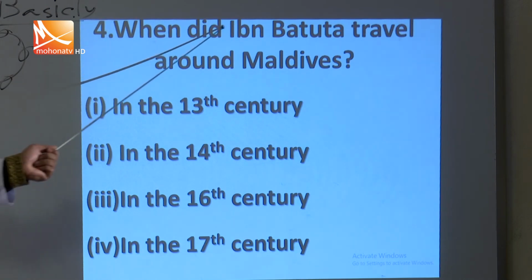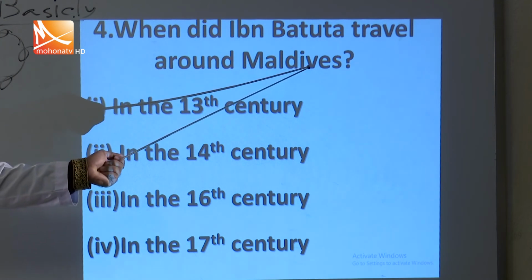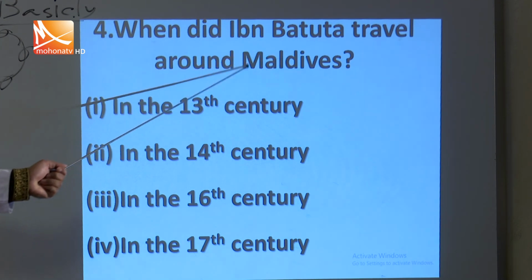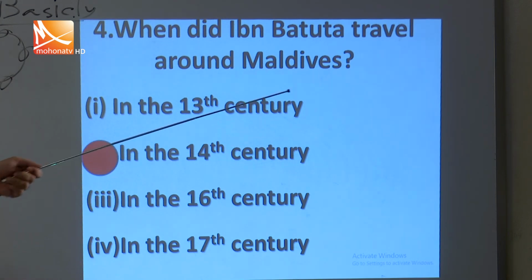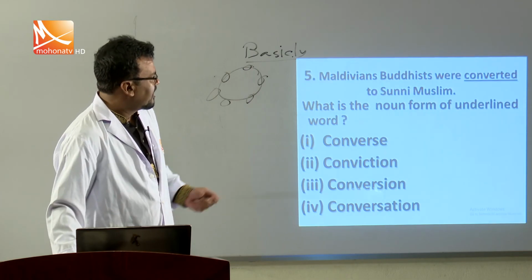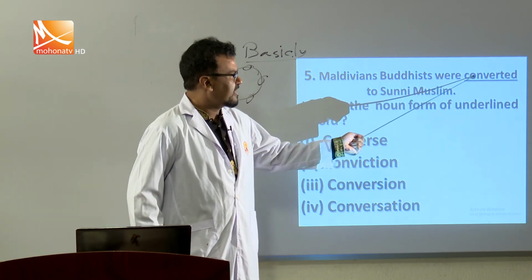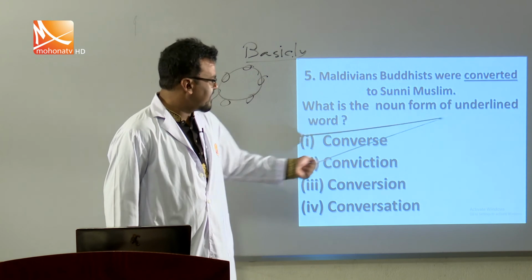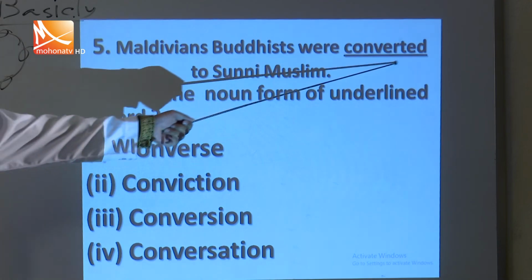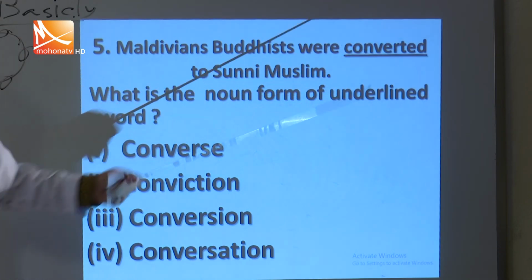And when did Ibn Battuta travel around Maldives? When Ibn Battuta came to Maldives? Let us see. Yes, it is in the 14th century, 1344, so 14th century. Maldivian Buddhists were converted to Sunni Muslim. What is the noun form of the underlined word? Converted, what is the noun form of this?